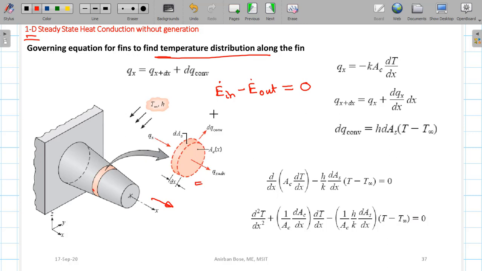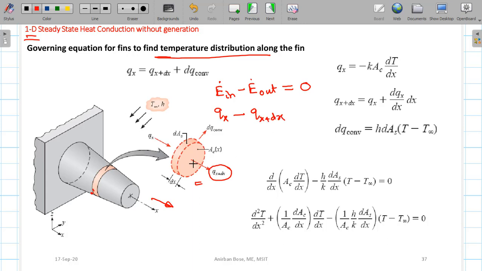So if this is the condition, then the only E dot in is Qx. Let us consider this position is x. So Qx is basically the rate of heat that is coming into this small control volume. Then what is going out is Qx plus dx.